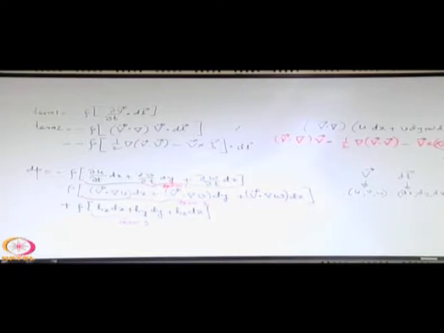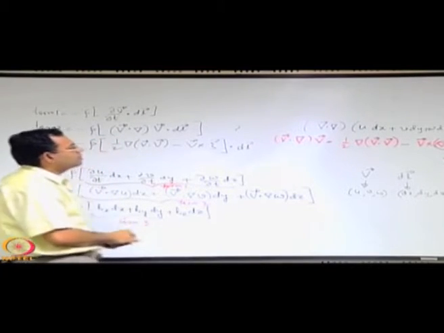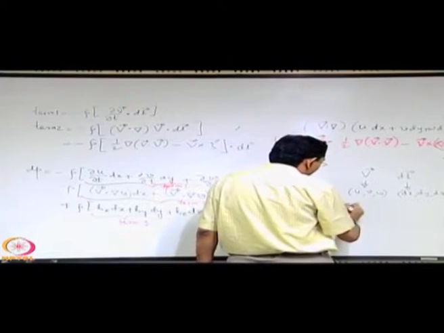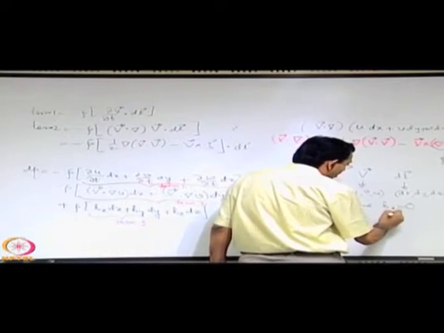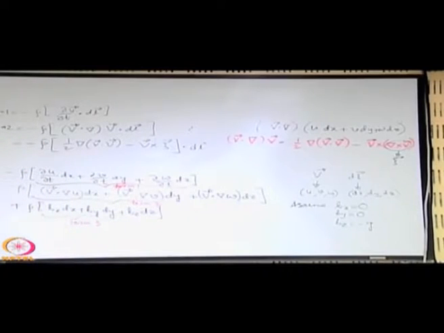For the term 3, what we will assume, it is again a very general term, but we will assume that gravity is the only body force, which acts along the negative z direction, as we considered in the problem that we discussed just before this. So, we will assume that Bx is 0, By is 0 and Bz is minus g, because that is the common thing that we encounter in many problems.